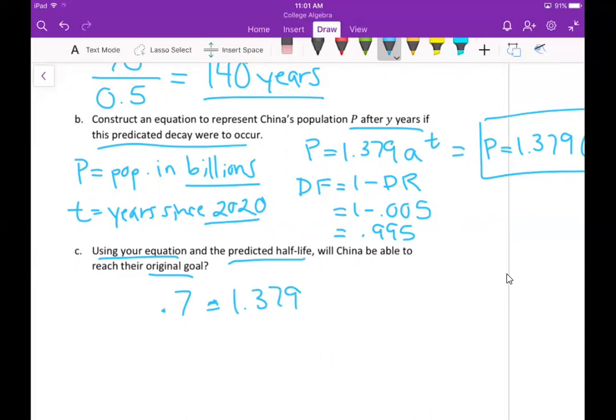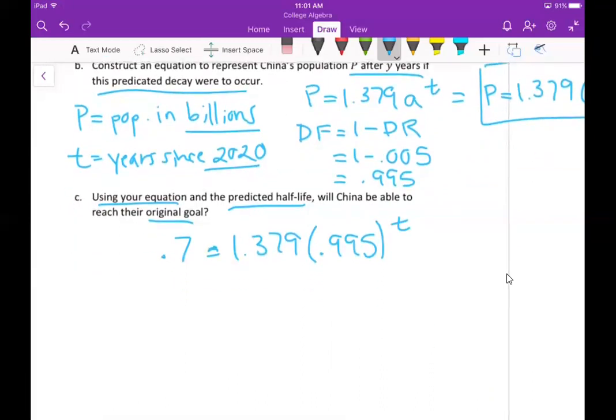1.379 is where they're starting right now. Right, that means 1,379,000,000 is their approximate population right now. We're taking that times 0.995, and we're trying to estimate that T value. So as I was saying, the rule of 70 gave us a half-life, an approximate half-life.